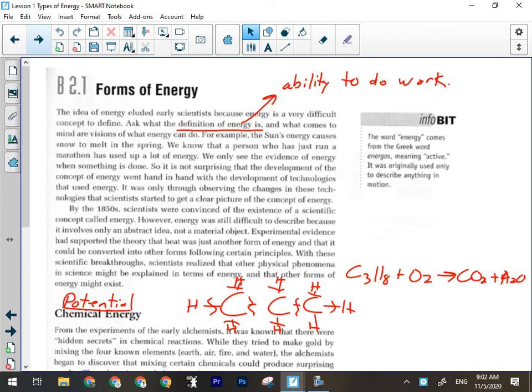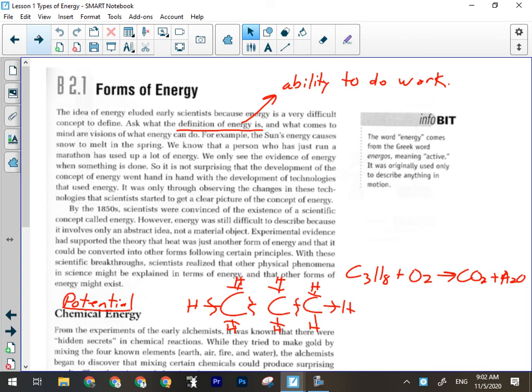It wasn't material, and that really gave people trouble because it was hard to explain it, hard to quantify it, hard to show how it moved or was used to do things, because there wasn't anything that they could physically see go from one place to another. So they started coming up with all these ideas for energy that didn't make sense. Like it was this invisible fluid. That's the go-to for early science.